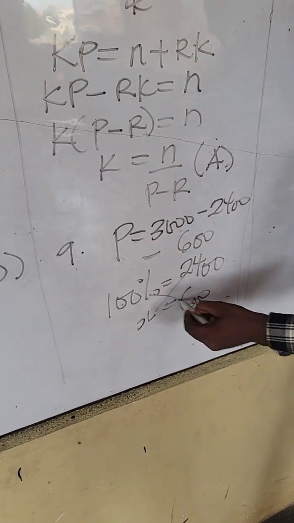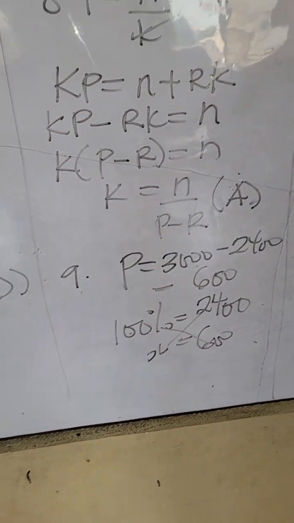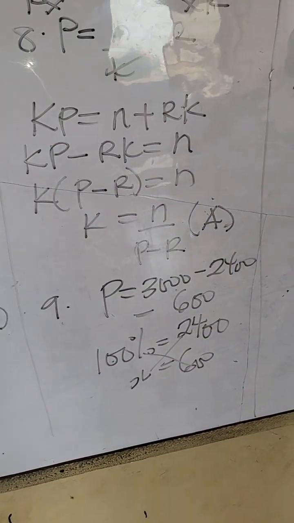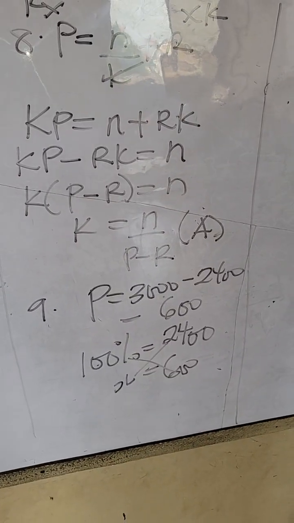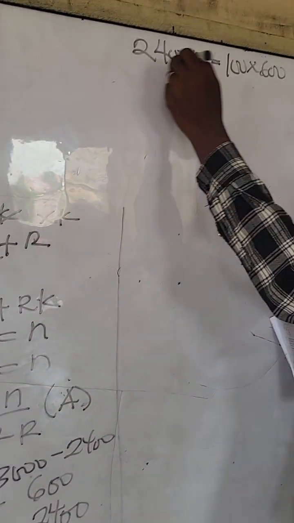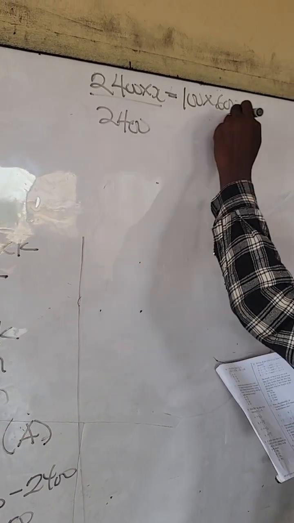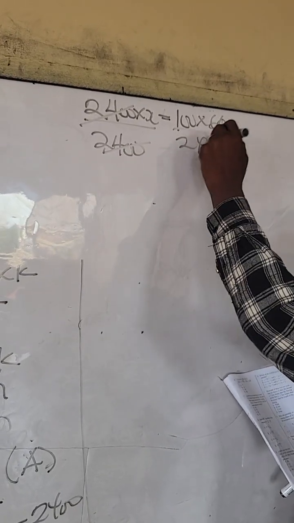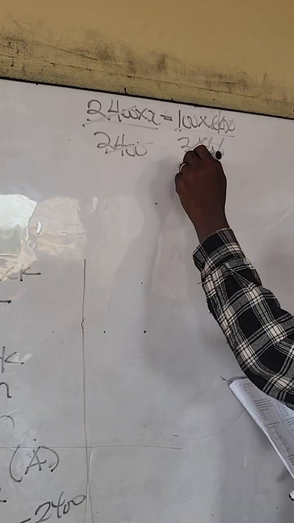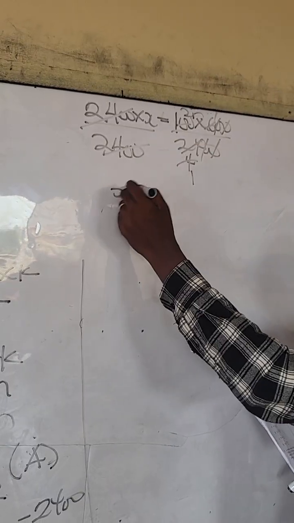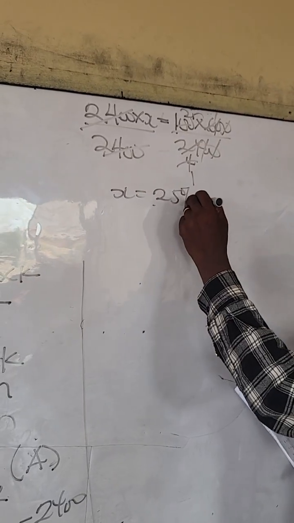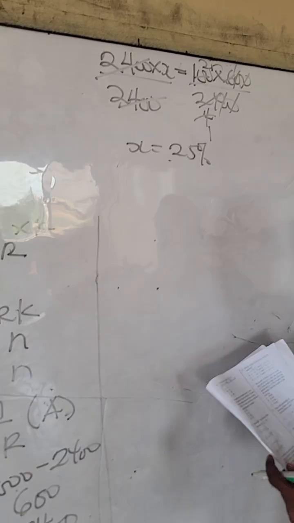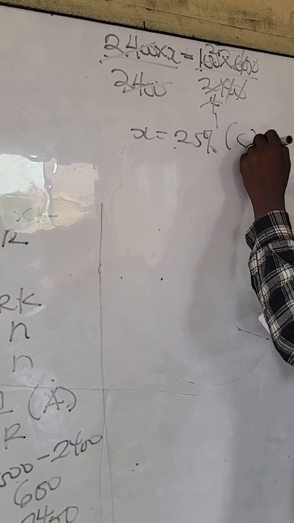So you cross multiply. So you have 2,400 times x is 100 times 600, divided by 2,400. It goes off here. Trailing zeros go, 6 here 1, 6 here 4, 4 here 1, 4 here 25. So x is 25%. And that is option C.